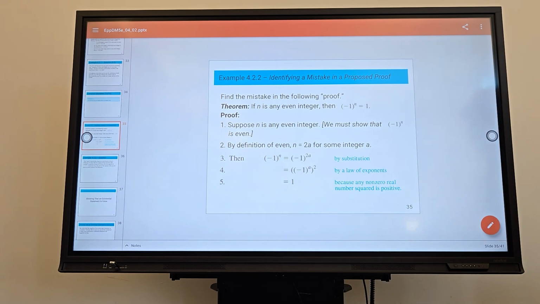Another example. Find the mistake in the following proof. If n is any even integer, then negative 1 to the n equals 1.